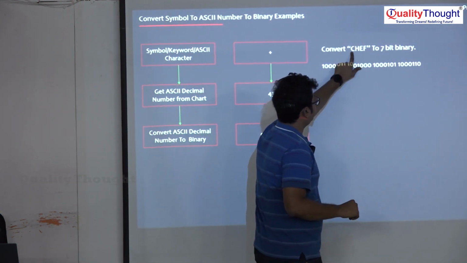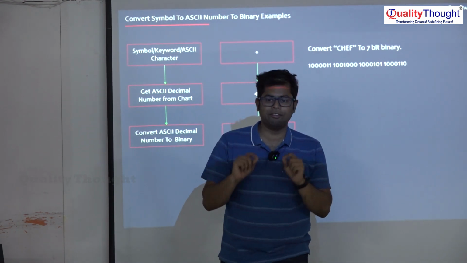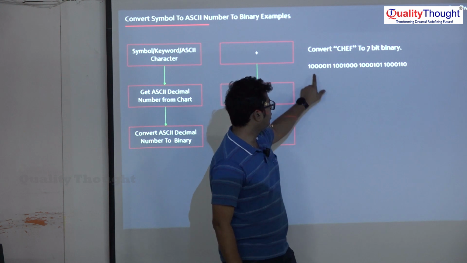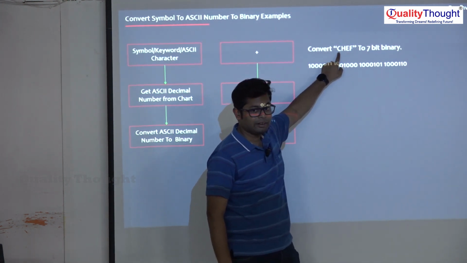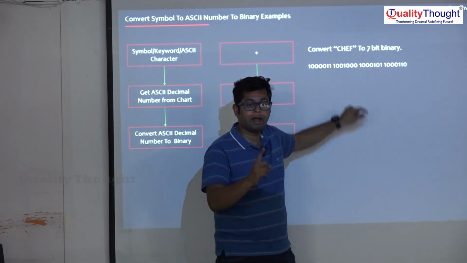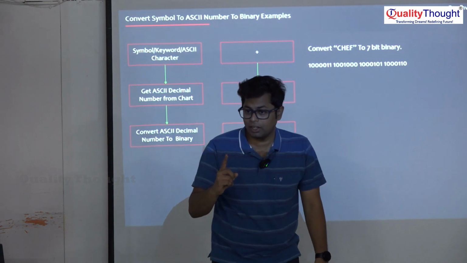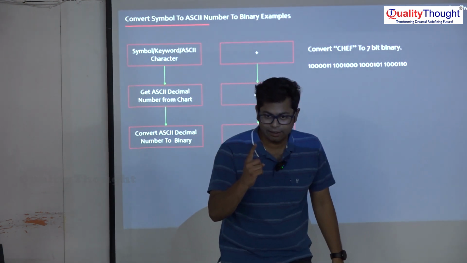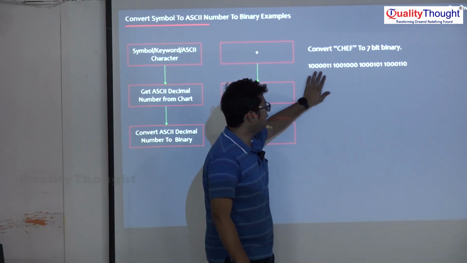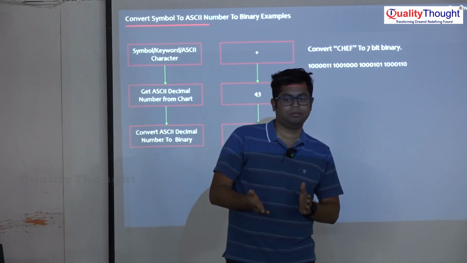So the representation of CHEF, that means if you are trying to store CHEF into your memory, this is how it looks. Each symbol has been given 1 byte, and it exactly takes 7 bits, and the last bit is 0.